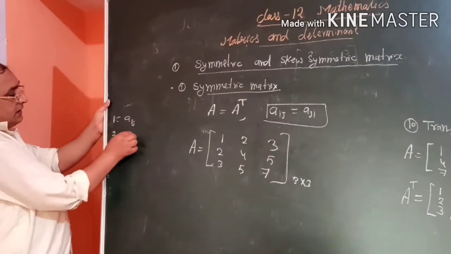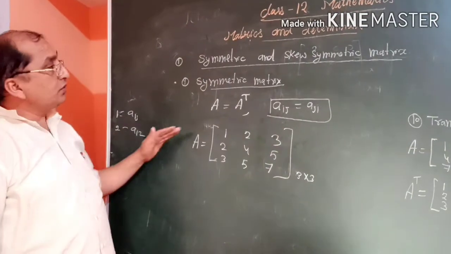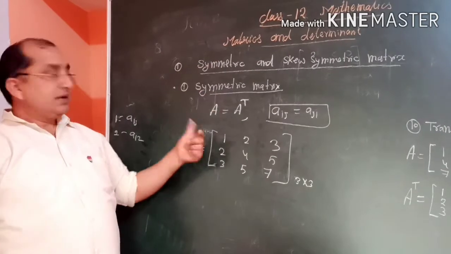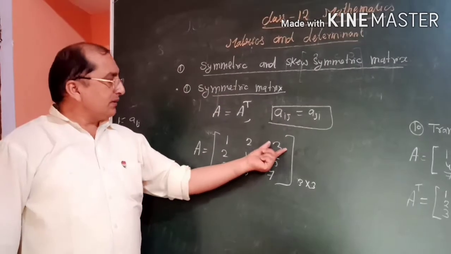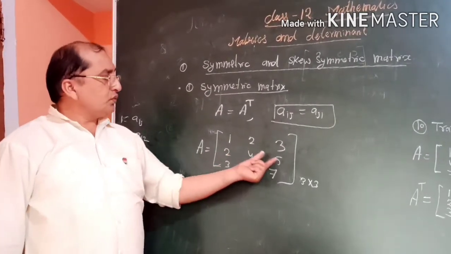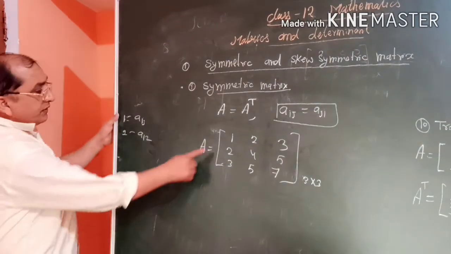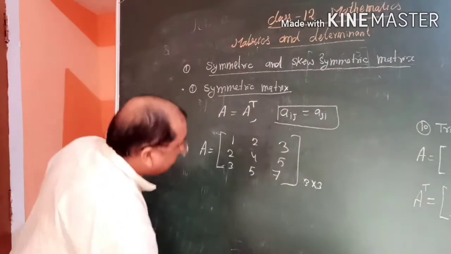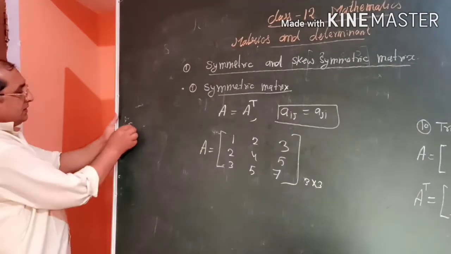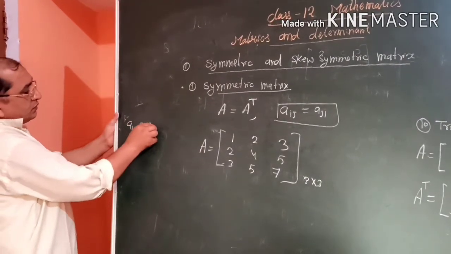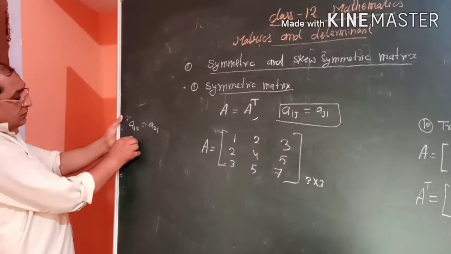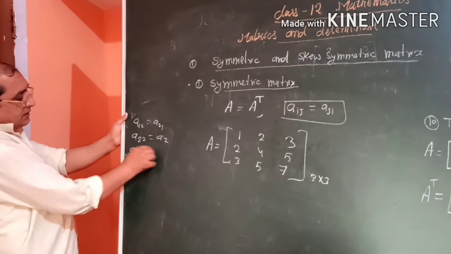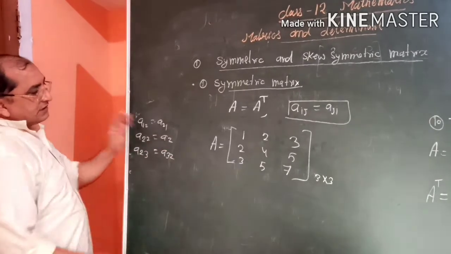Then we have A13, A21, A22, A23, and here A12 and A21 both are the same. A22 equals A22, A23 equals A32, and like this.